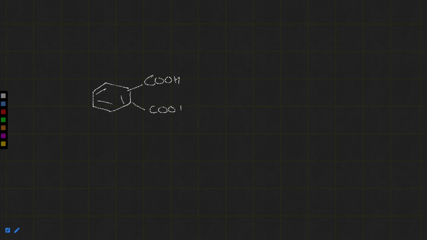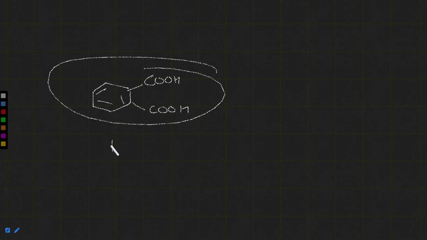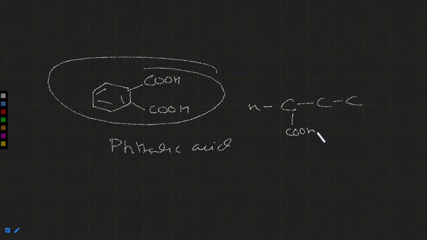Also, we have seen some di- and tricarboxylic acids, like adipic acid. So we have H here, COOH, COOH, H here, COOH.